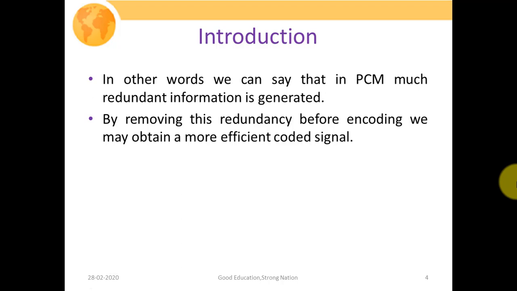In other words, we could say that PCM has much redundant information. By redundant information, we mean duplicacy. So by removing this redundancy before encoding, we may obtain a much more efficient coded signal, or we could say that we are in a state to pass our signal with a lesser number of bits.